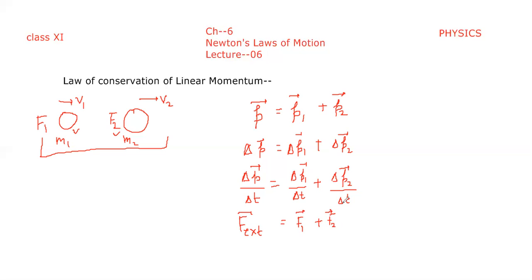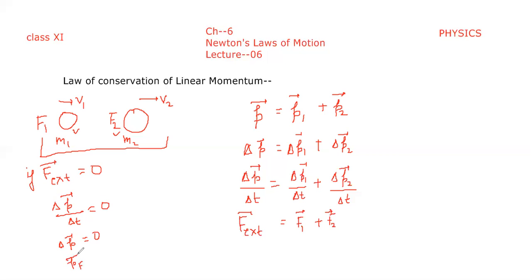So if there is no external force, if F external equals 0, that means delta P upon delta t is also 0. That means delta P equals 0, and delta P equals what?